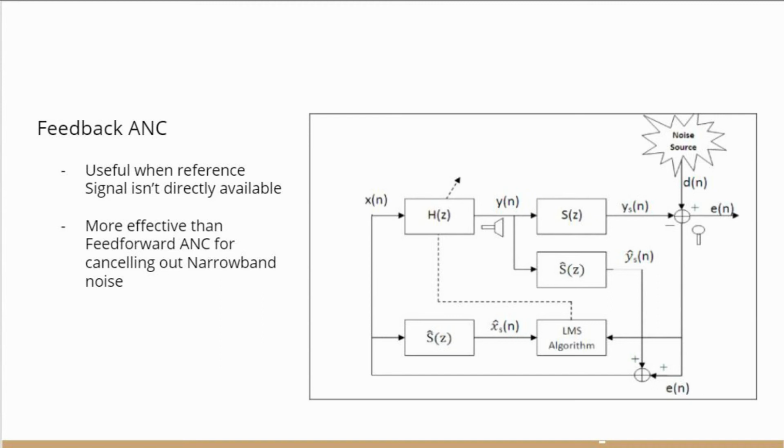And we can see that there are two error microphones, which are circles with a cross inside. Now, the top microphone receives the anti-noise signal and a direct sound signal, so Y_s(n) and D(n) respectively, producing an error signal E(n). This error signal travels down and meets with the Ŷ_s(n), which is the anti-noise signal, coming together to form the reference signal X(n), which travels to H(z), the adaptive filter, and it takes the X(n) to generate anti-noise.